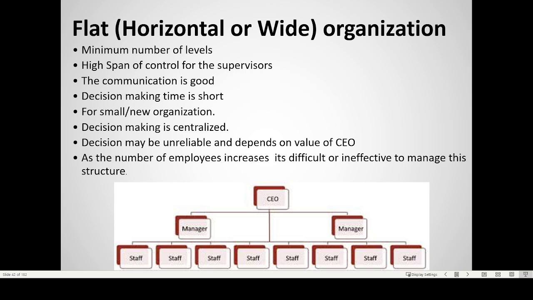We don't have multiple layers, so the staff can directly contact the manager and, more easily than in the tall organization chart, contact the CEO. Again, because we don't have a lot of layers, decision making is limited to this manager or to the CEO.